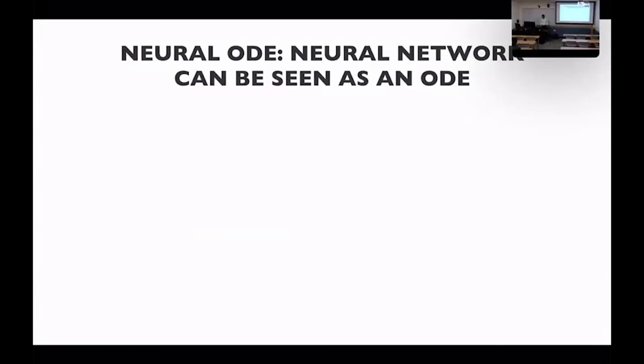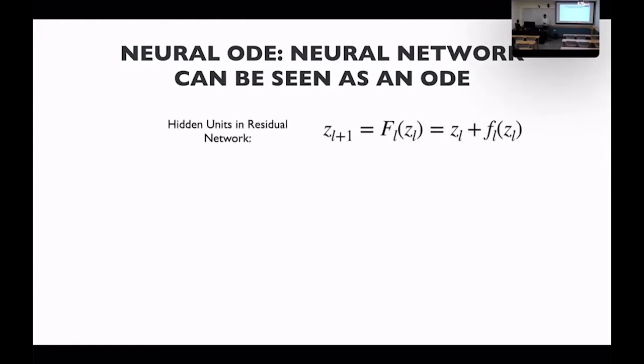So if we consider that as a deep neural network, what does it have to do with differential equations? There was a 2019 paper, I think, NeurIPS Test of Time, Best Paper Award, at a top conference in machine learning, which said that you can actually look at a neural network as an ODE. I haven't yet explained what it is, but for the most part of this talk, this will be the definition.